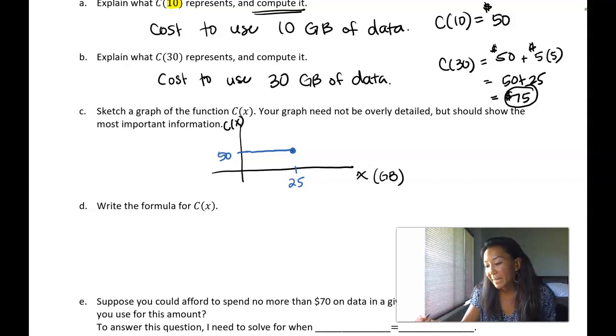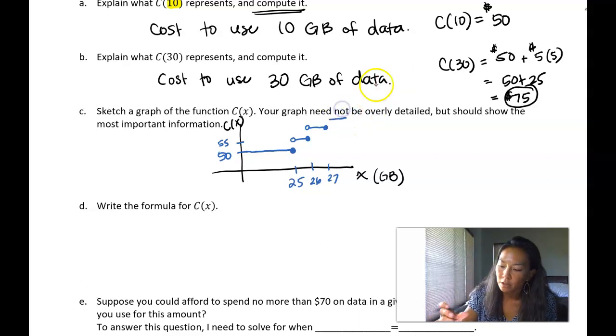Okay. But anything over is going to be $5 more per gigabyte. So next would be 55. So notice I got to hop up here. And then this would be 26 gigabytes. 27 gigabytes. Actually, this is called a step function, a step graph, or what do you call these? Integer step functions.